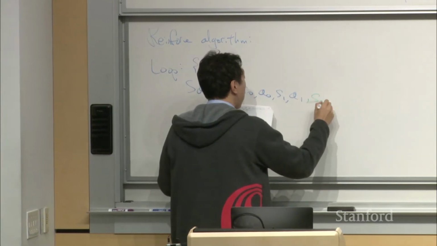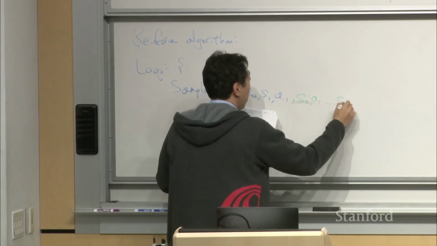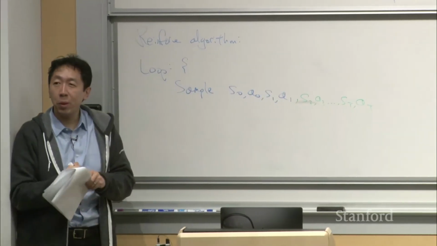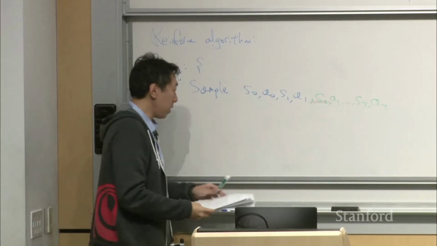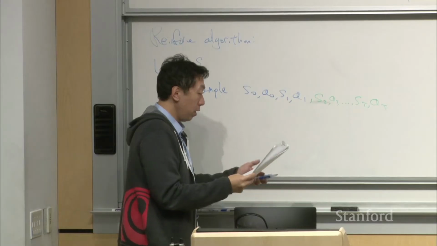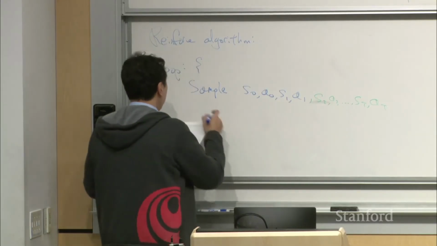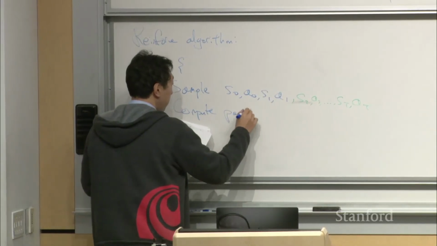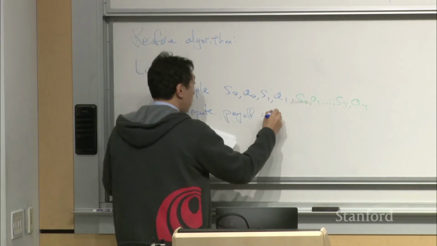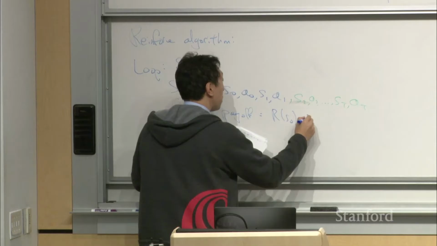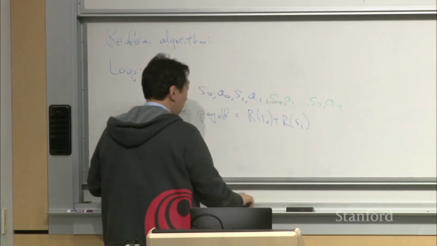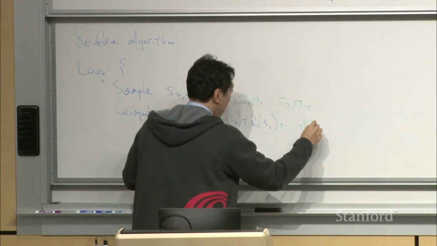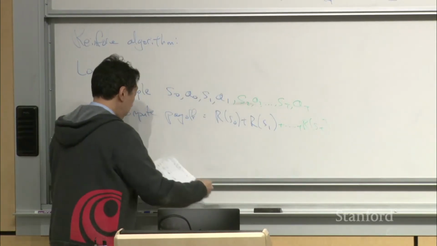Technically you would run it for T time steps, but let's just say for now we'll do only the thing in blue. We run it for 1 time step because we set capital T equal to 1. And then you would compute the payoff, equals R of S0 plus R of S1. And again, in the more general case, plus dot dot dot plus R of ST.